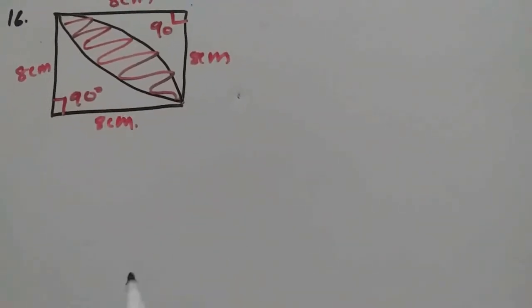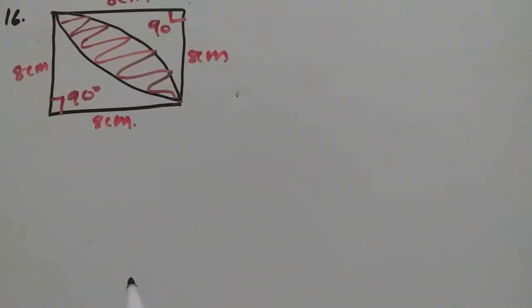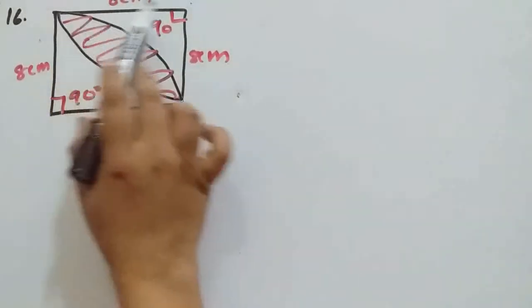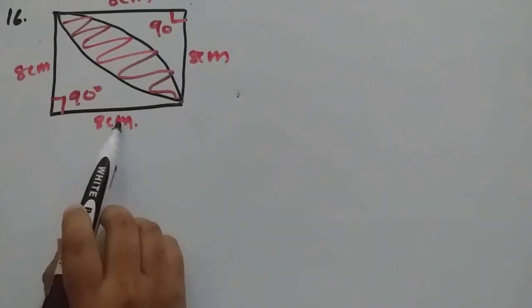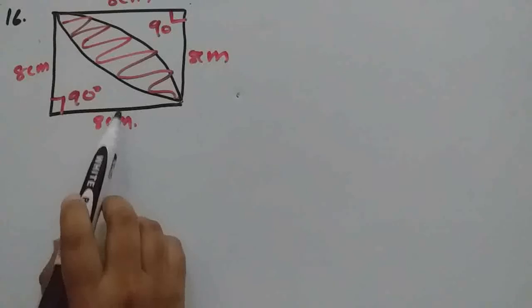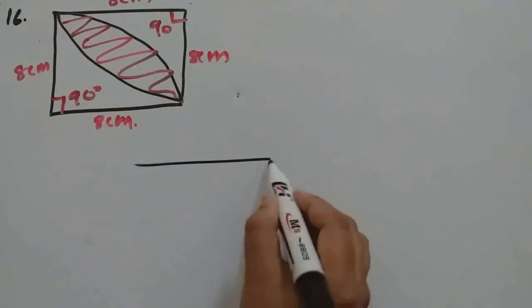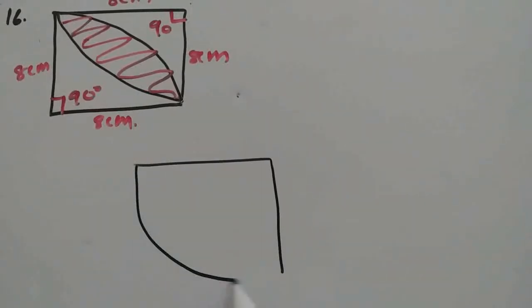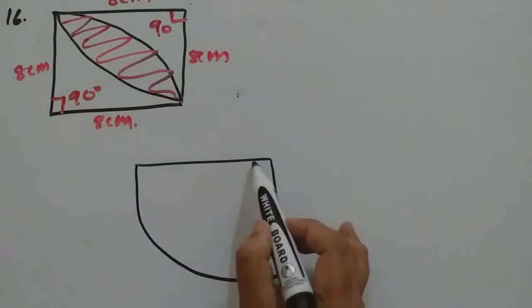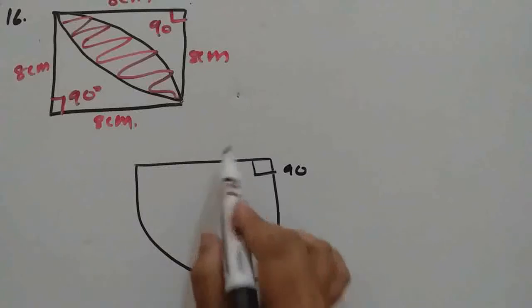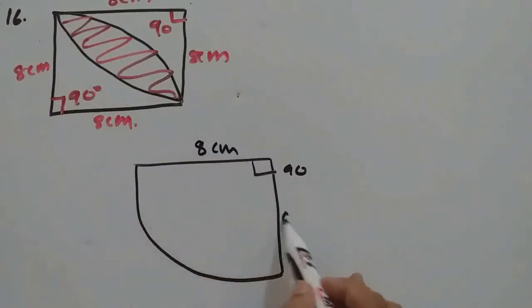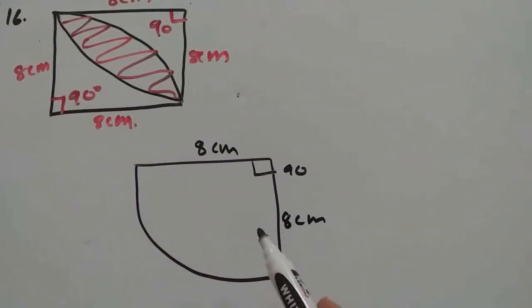Question number 16, it is given that this is square, of 8 centimeter radius, and this shaded region area we should find. So suppose if you consider this one, 90, and this one is 8 centimeter, so we can find area of sector easily.